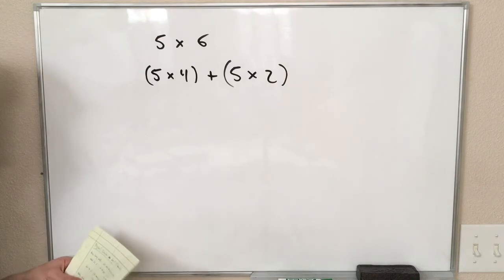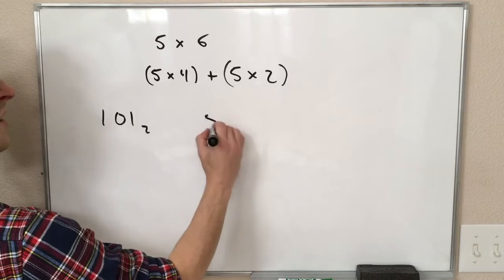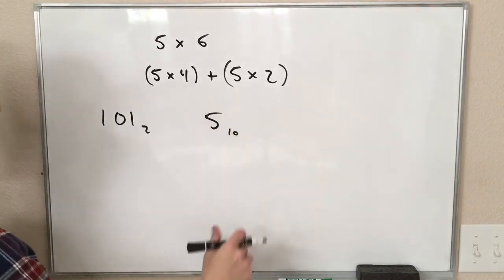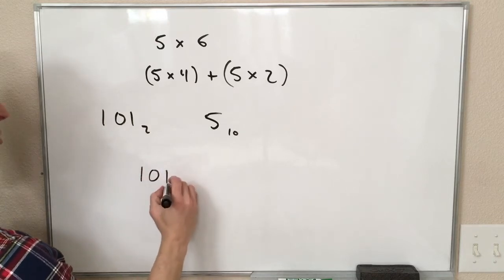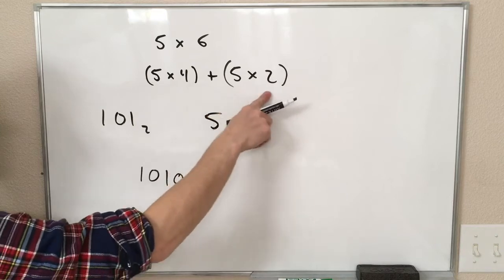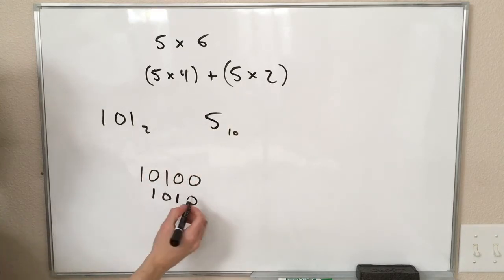So we can take our number 5. So 5 is 101 in base 2. So 5 times 4 is 101. So 4 is going to give us 2 zeros there. 5 times 2 is 101 with a single 0.